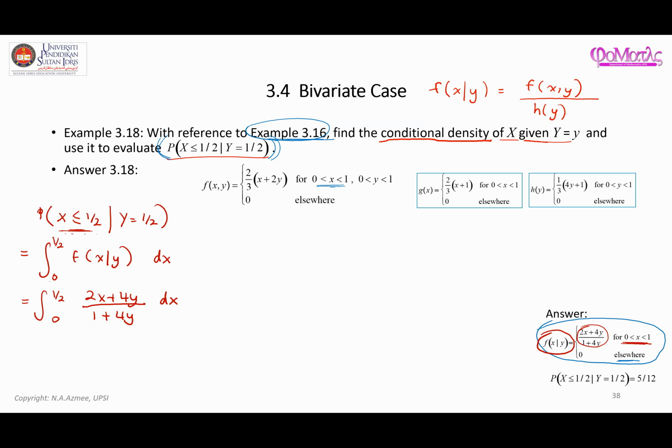Let me be more specific here. This is actually specifically when y is equal to half.